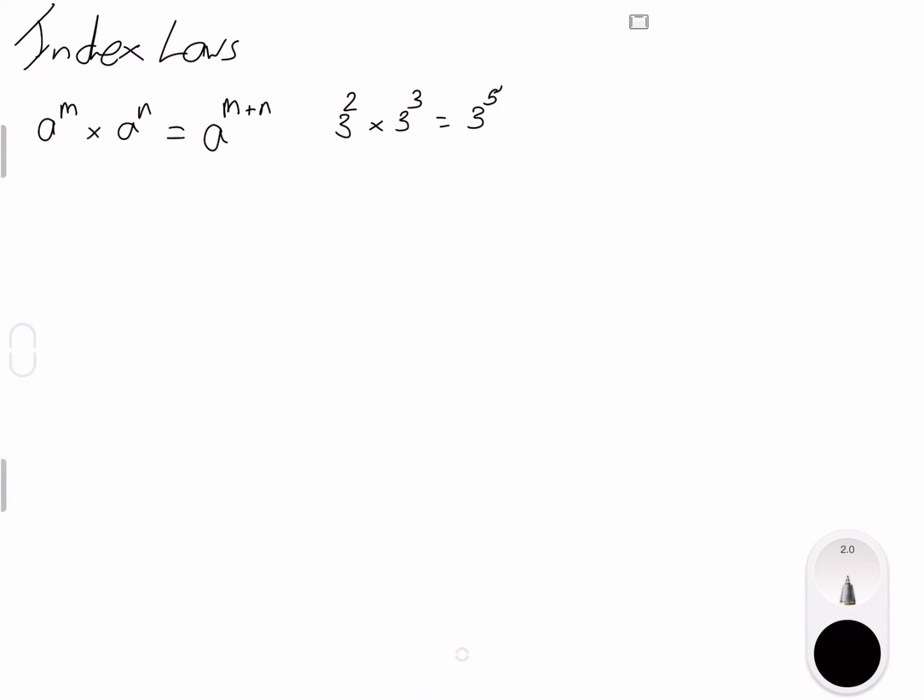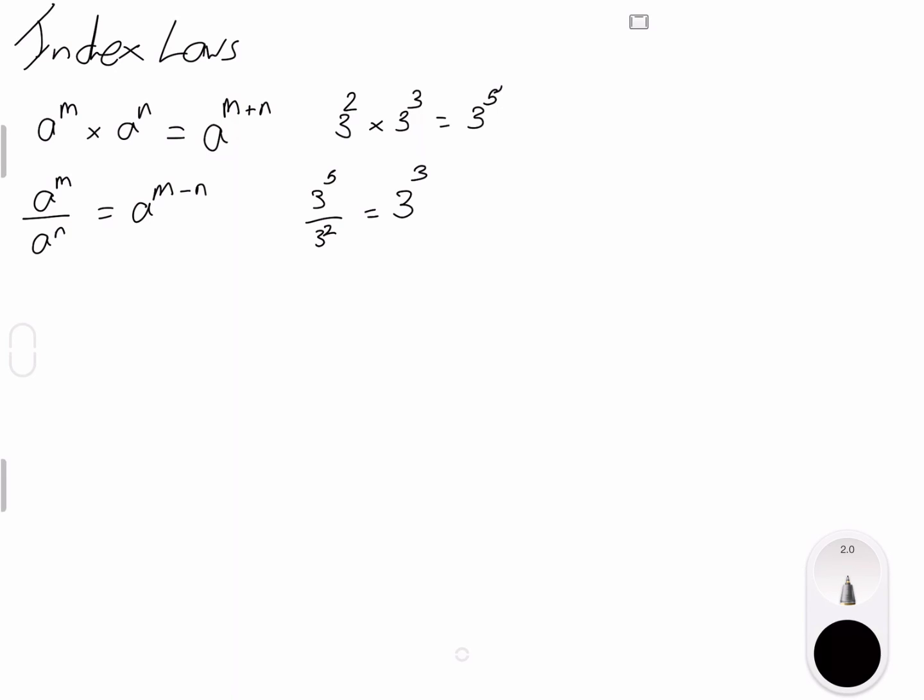What if we have the opposite of multiply, which is divide? So a to the power of m divided by a to the power of n. Well, you may have already guessed, it's just going to be the opposite: a to the power of m minus n. Again, let's use 3 to the power of 5 divided by 3 to the power of 2. This is just the same as 3 to the power of 3.